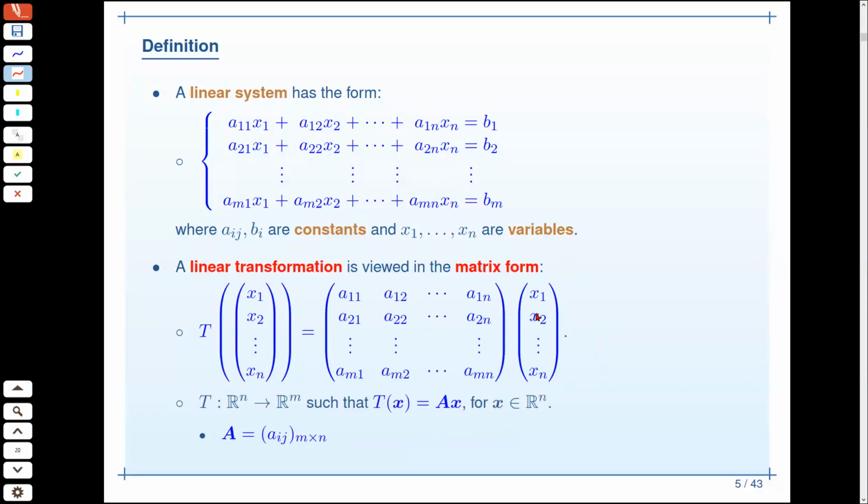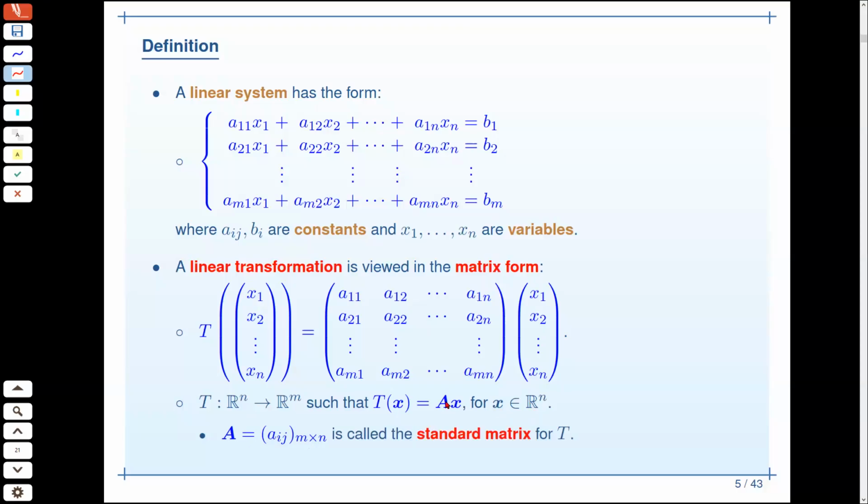Therefore, if you use A to represent this m by n matrix, with m rows and n columns, and x is a column vector in Rn, then this linear transformation is representable in the form T(x) = Ax. This A is known to be the standard matrix for T, which represents the linear transformation.